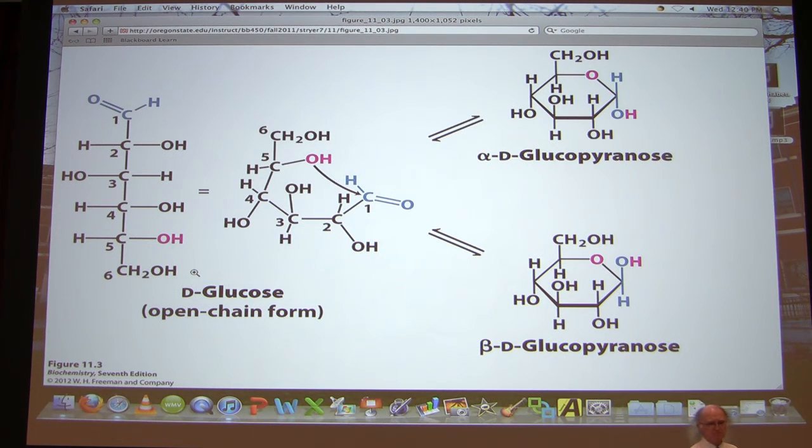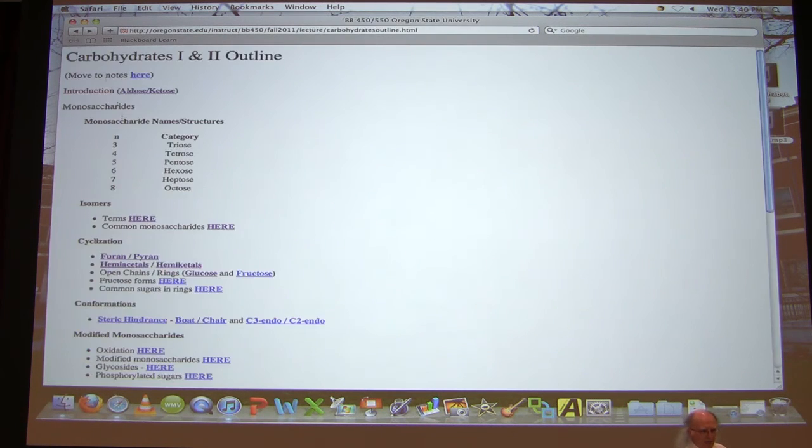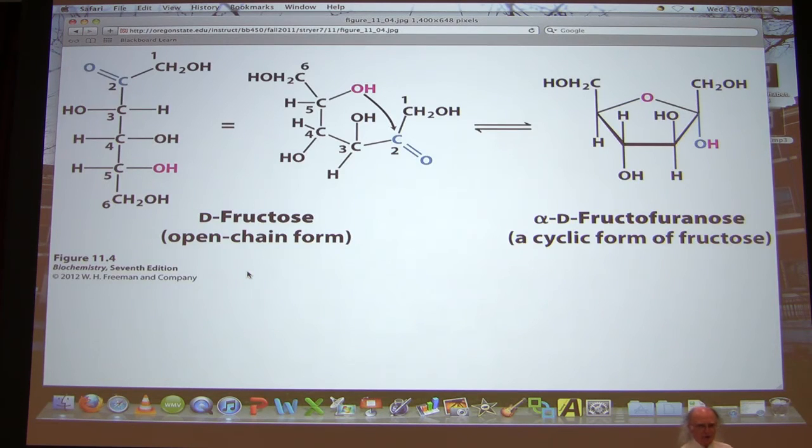Okay? All right. When we have a ketose, like fructose, what happens? Well, looky here. Here is our anomeric carbon. There's a double-bonded oxygen. Here's carbon number 5. We see this same sort of intermediate structure forming here. And voila. We have, in this case, alpha-D-fructofuranose. Alpha meaning the hydroxyl is down.